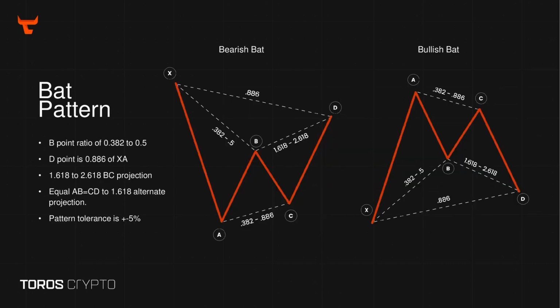First up, we'll talk about the bat pattern. So the bat pattern obviously has this X to A leg up, so that can be any distance, but then based on that X to A, we then retrace. So the bullish bat can retrace between a 0.382 and a 0.5, and then price comes back up to form the C point. This C point, as mentioned on the previous slide, is going to be lower than the A point because it is a bullish pattern.